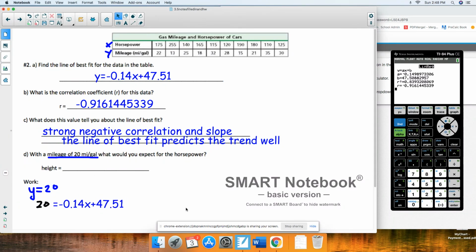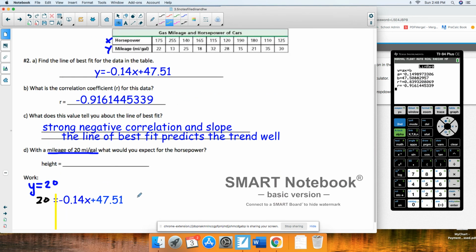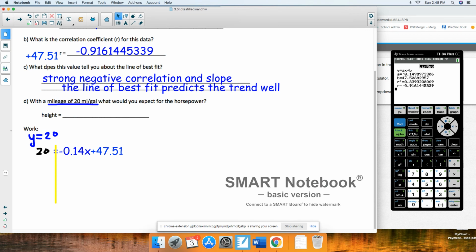And so how do we solve this? Well, we're going to subtract the 47.51 from both sides of the equal sign. We subtract that out and subtract it from here, which makes a negative number of negative 27.51.